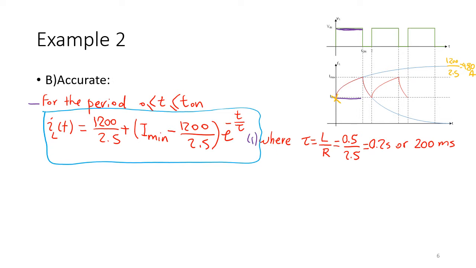I hope the silence means yes. Okay, let's talk about the second period. The second period is this off period here. We're talking about the time that VL is 0, the time that G2 is on and G1 is off.